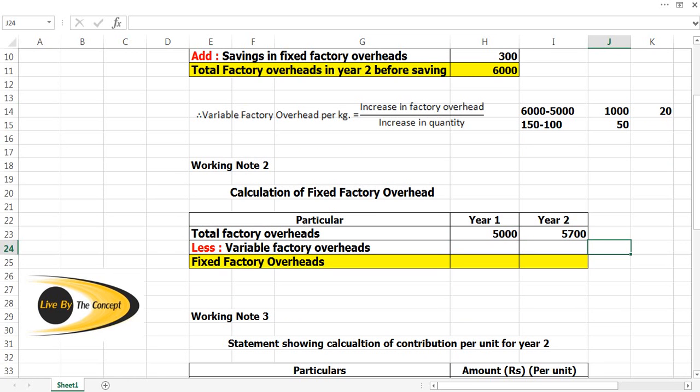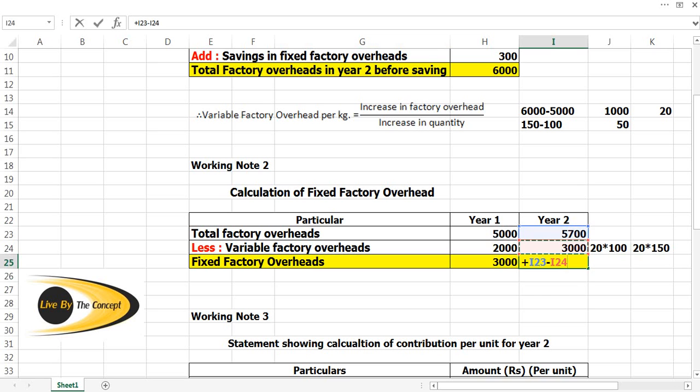In year 1 we have produced 100 kg, so 20 into 100 kgs you have 2,000, whereas in year 2 you have produced 150 kgs, so 20 into 150 kgs, so you have 3,000. So 5,000 minus 2,000, 3,000 is the fixed factory overhead for year 1.